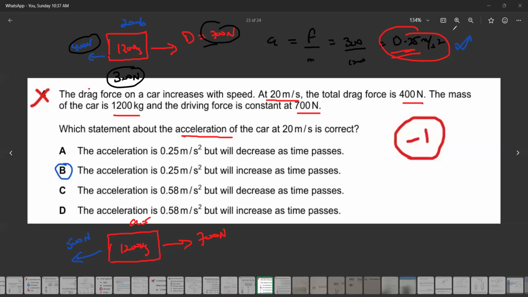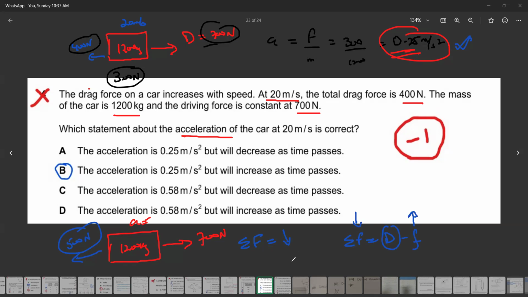Whenever anything is accelerating, its speed increases, so the drag force will also increase. If the drag force increases, what happens to the resultant force on the car? The resultant force will decrease, because the resultant force is the driving force minus the drag force. The driving force is not changing, the drag is increasing, so the resultant force will decrease.